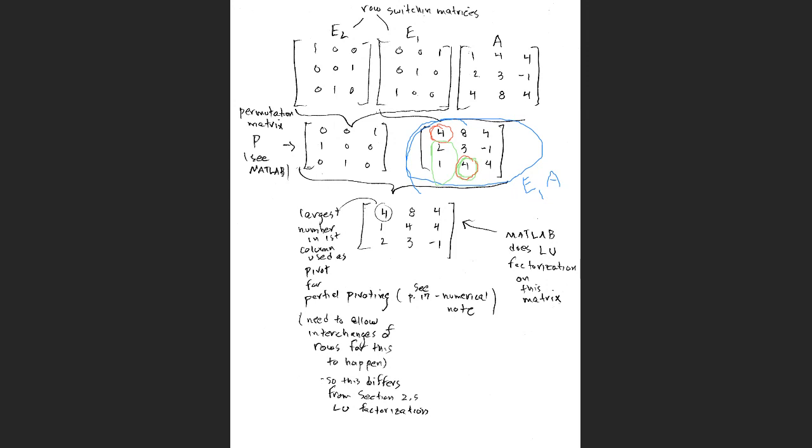So in order to get the 4 in the second spot here, we have to do a row interchange of rows 2 and 3. And that's what elementary matrix E2 is. Look at rows 2 and 3. An elementary matrix is the identity matrix with what rows interchanged?